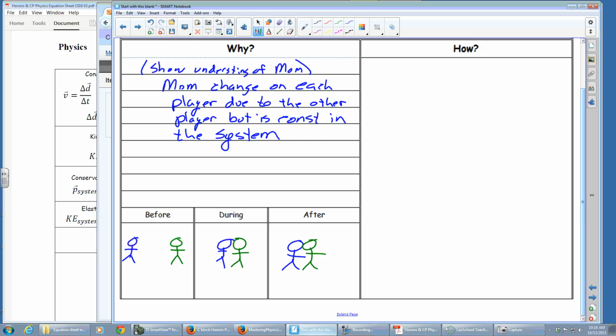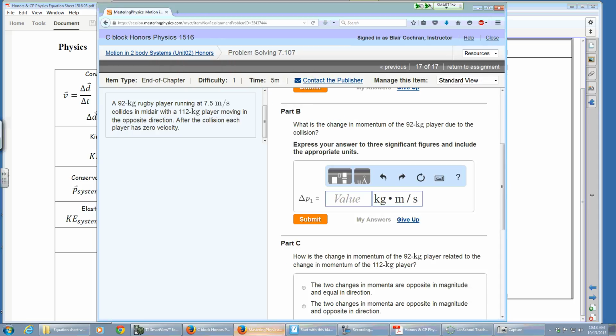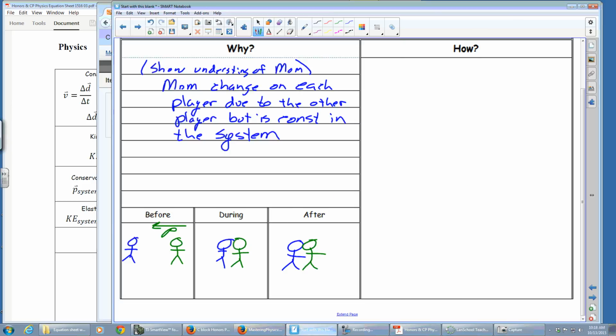So let's see. This one had momentum that way. Do they give us names or anything? Where do I call them? A and B. Okay, so we'll call the green one B, and the blue one A.